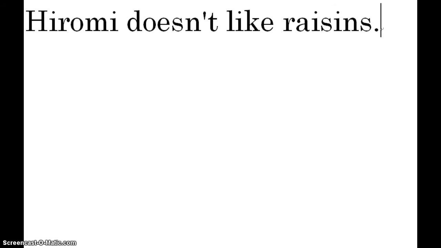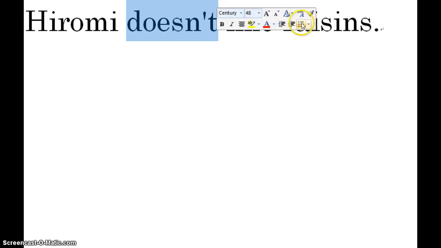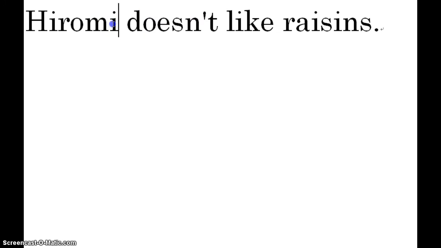So for example, we say Hiromi doesn't like raisins. Here we use the word doesn't because Hiromi is the subject of this sentence, and Hiromi is a singular subject. Okay, only one person.